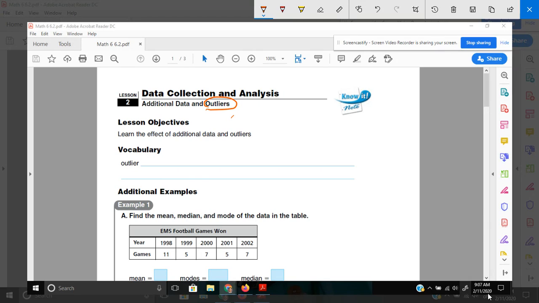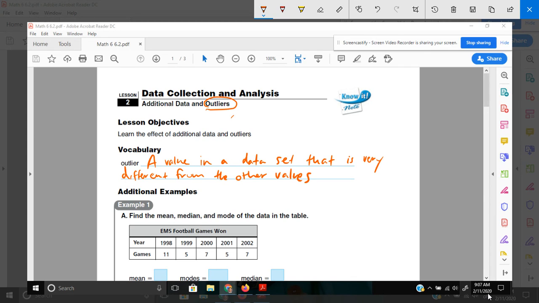All right, an outlier is a value in a data set that is very different from the other values.